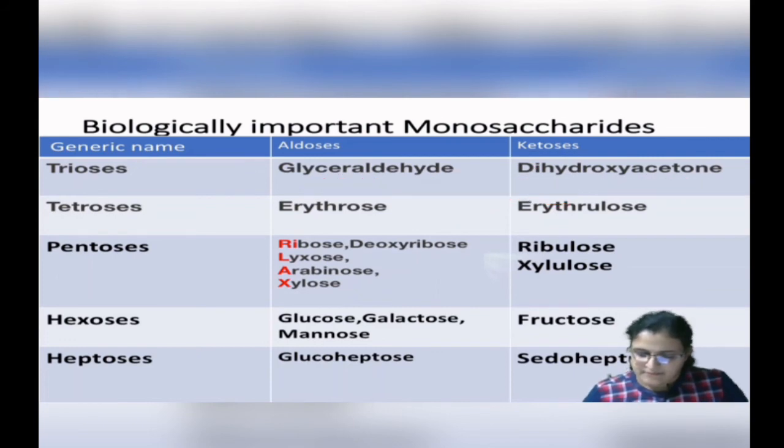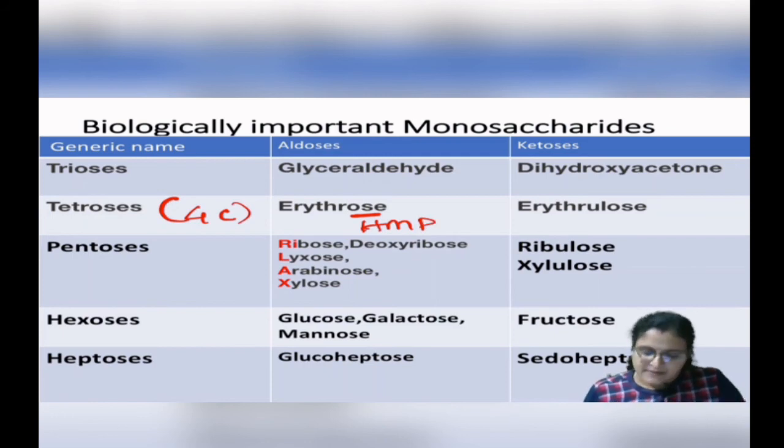Then they are also intermediates of glycolysis. Then coming to erythrose. It is a tetrose. Erythrose is a constituent, is a part of HMP pathway.